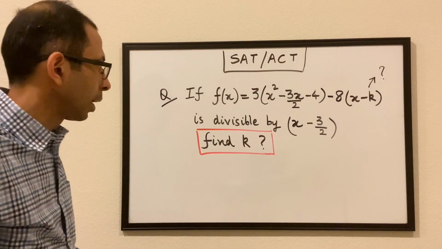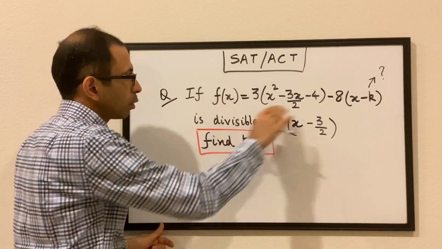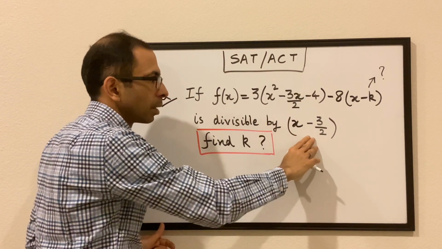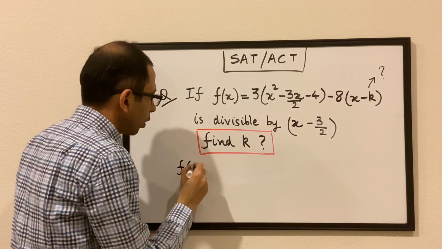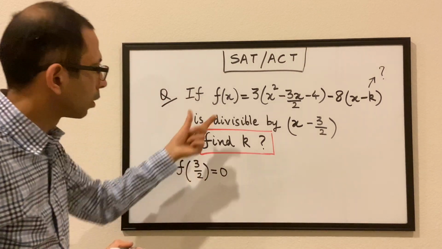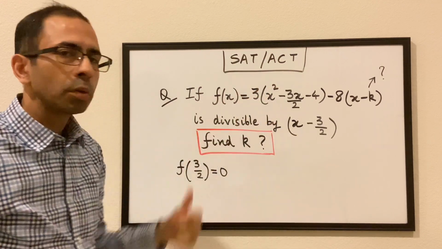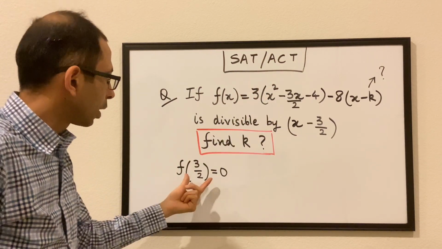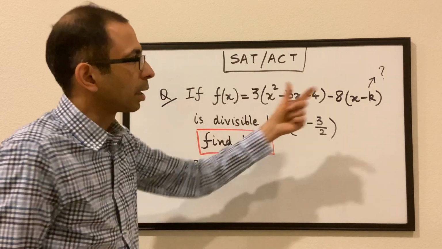Again, going by the factor theorem or by the remainder theorem, if this function is divisible by x minus 3 over 2, it means that f of 3 over 2 should be equal to 0. Right? The value of this function for x equal to 3 over 2 should be equal to 0. So let's find the value of f of 3 over 2 and then put it equal to 0 and get the value of k.